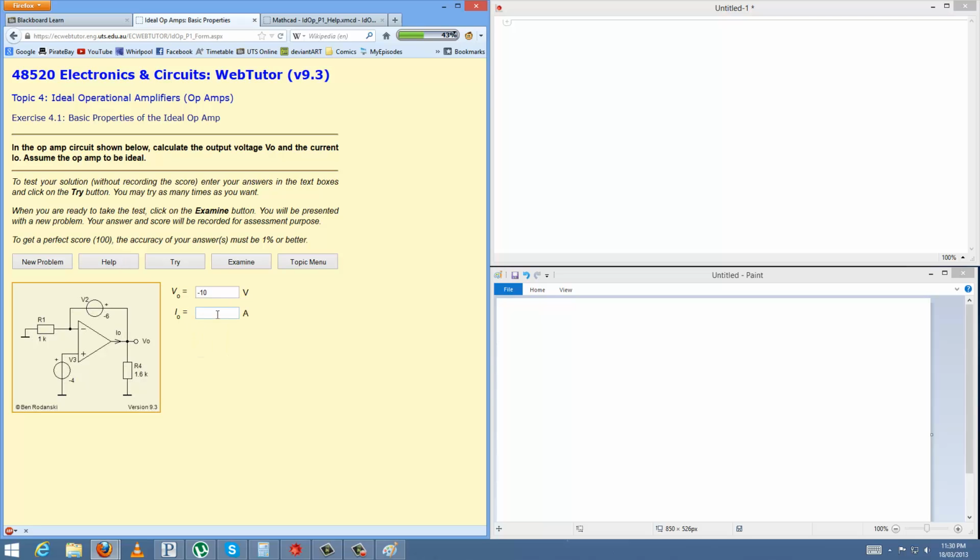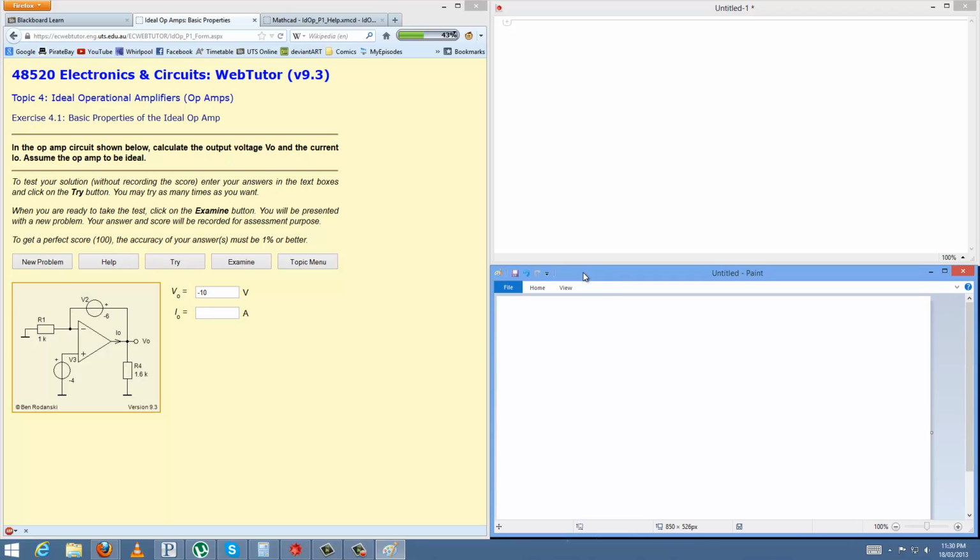That's nice and easy. IO is a little bit more difficult to figure out, but not too bad. You should be able to handle it fairly easily. Okay, so we just do nodal at that point between IO and VO right here.